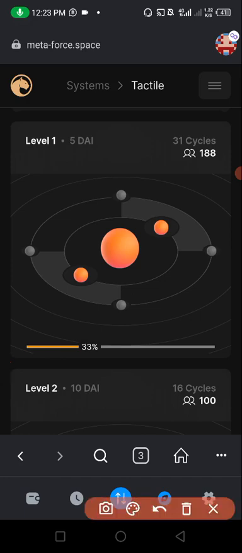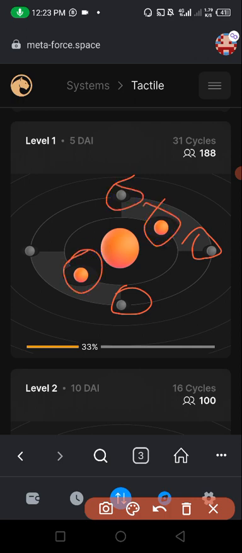Any earnings that come into any of the circles, you get $5 per circle, because level one is programmed to give you $5 per circle.